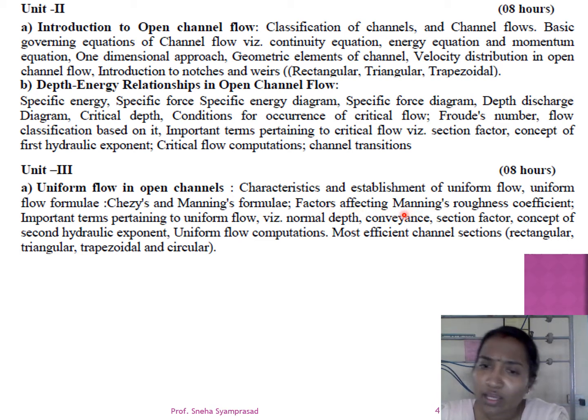In the previous semester we also came across Manning's and Chezy's equations, so the same equations we have to use here. And the second hydraulic component, as I told you a few minutes ago. Then uniform flow computations and the most efficient channel section, that is rectangular, trapezoidal, triangular and circular, where you have to derive the equations.